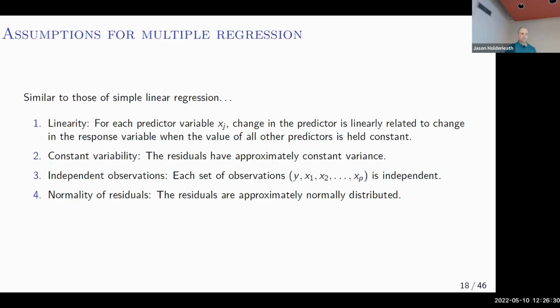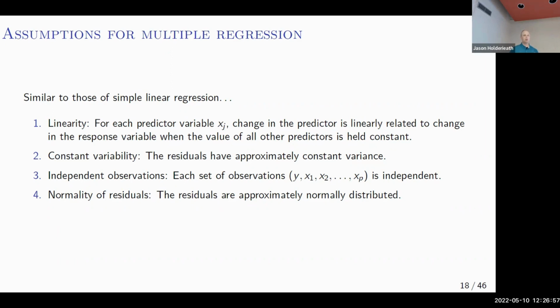For each predictor variable X, the change of the predictor is linearly related to the change in the response variable when all other predictors are held constant. Again, we're going to be able to relax that some, but basically it needs to be a fit. What you're doing needs to be a fit for the models, that assumption saying.